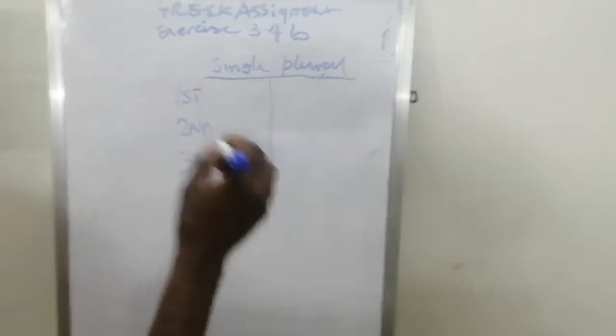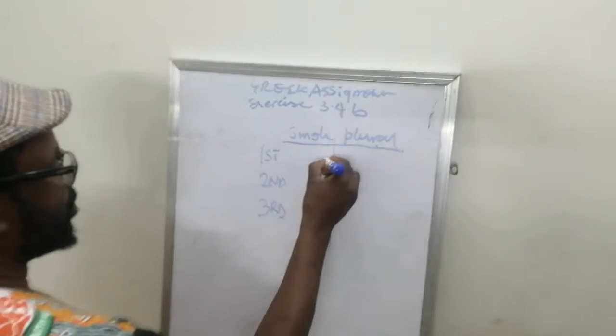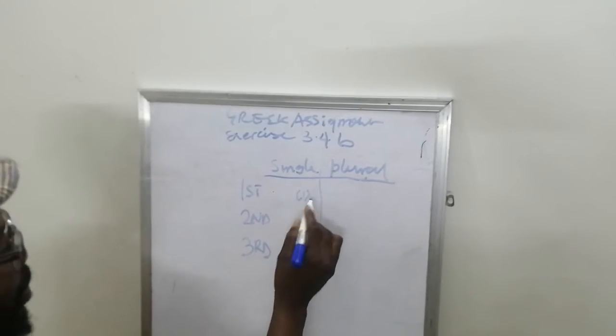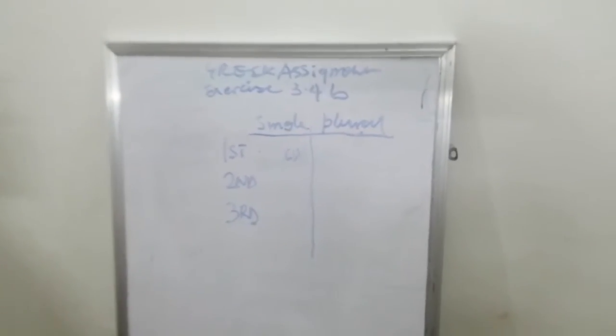Now we know any verb in Greek that ends with omicron, that looks like a W, is a first person singular.